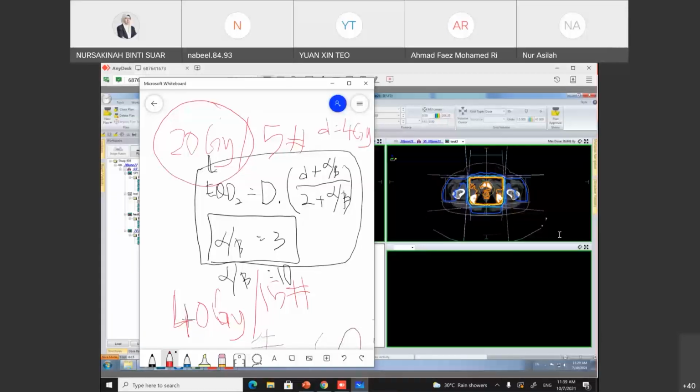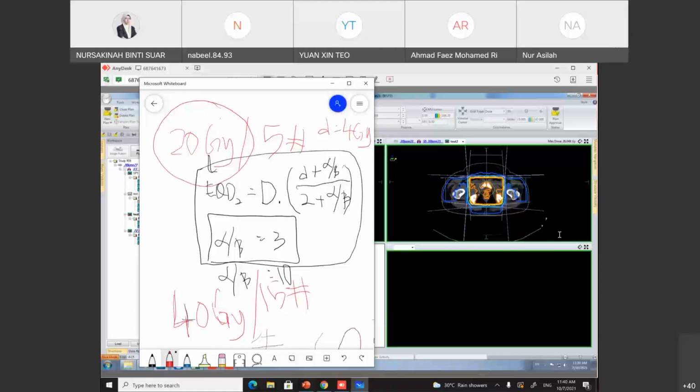So this one, as a physicist, is basic to know. You have to keep in mind this formula. This formula will follow you forever. You need to know this. So when the doctor asks you to calculate, you can straight away tell what is the EQD2. Of course, there are a lot of other formulas, but it's not like gap correction.